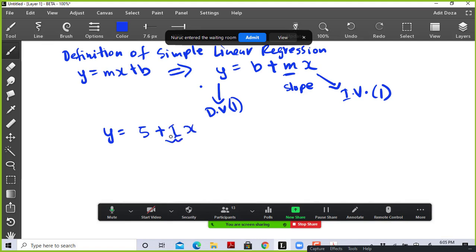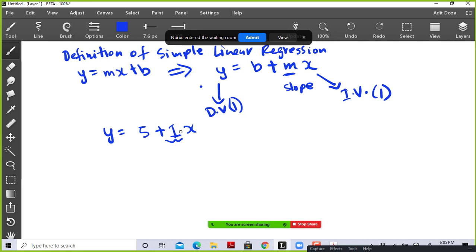Here the slope is 1, right? So that means for 1 unit change of x, y will increase by 1 unit. So it will increase by the slope amount. But if y equals, let's say, 5 plus 0x, but usually we don't write 0x, we usually write it like this, right? So what does it mean? There is no relationship between x and y, right?